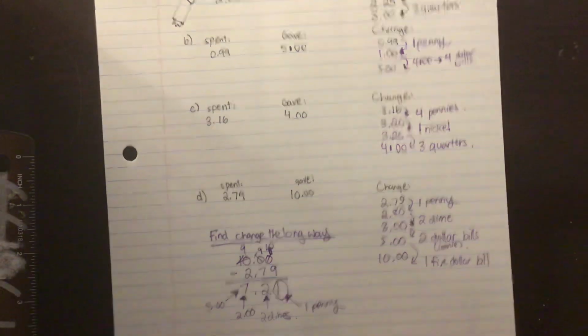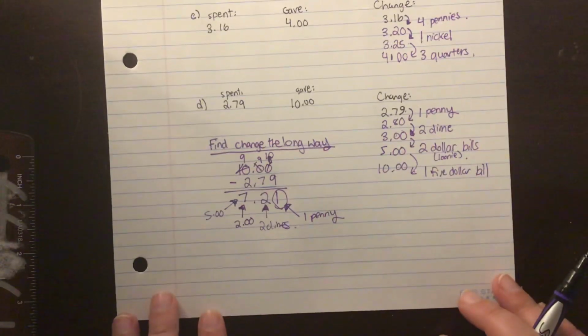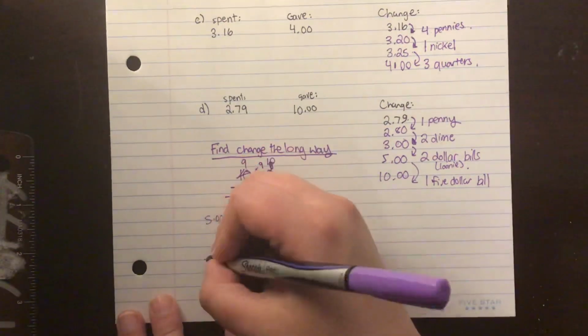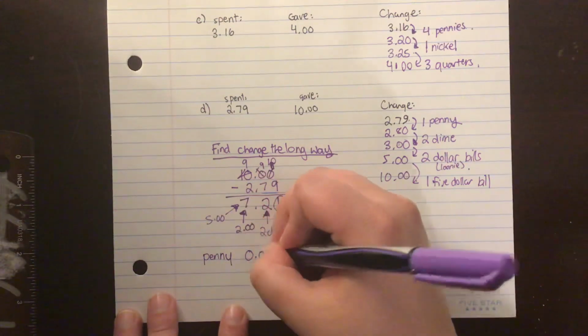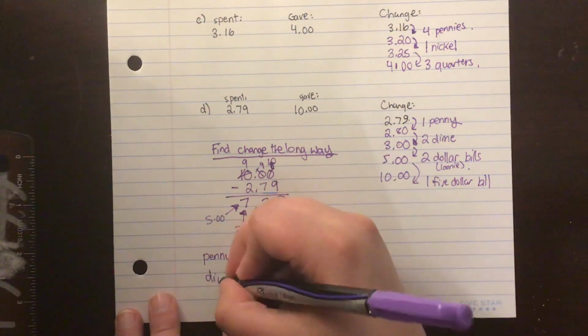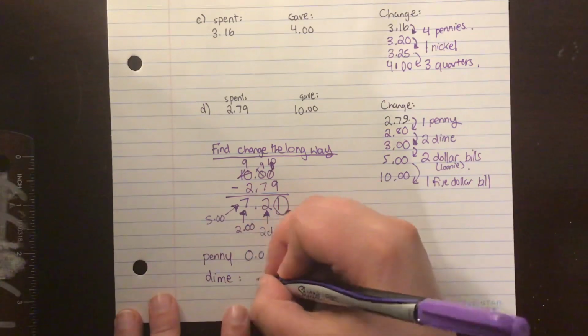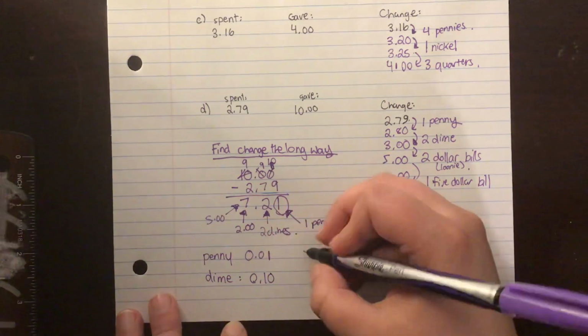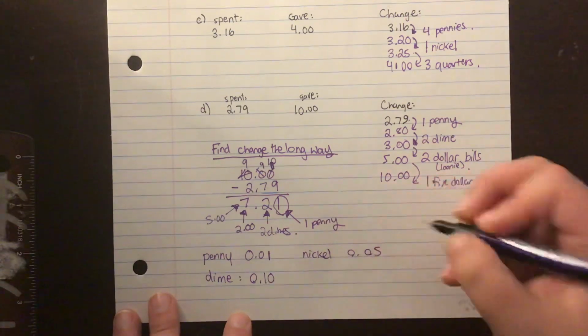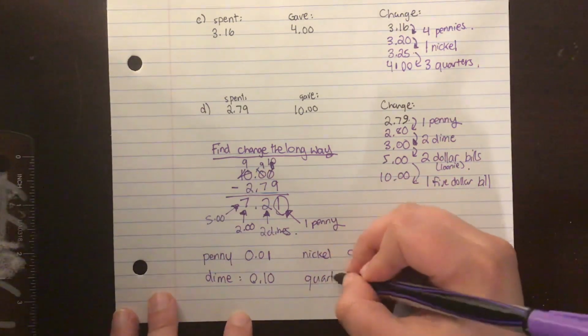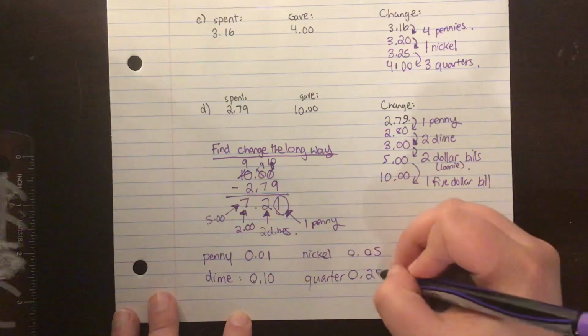Now, just a reminder, if you've forgotten the values of each of these coins, we have the penny, which is worth 1 cent. We have the dime, that's worth 10 cents. We have the nickel, that is worth 5 cents. We have the quarter, worth 25 cents.